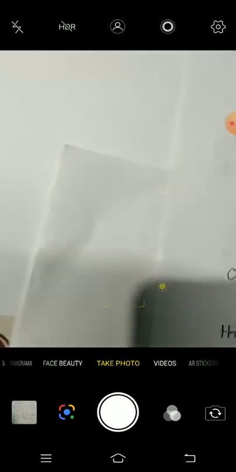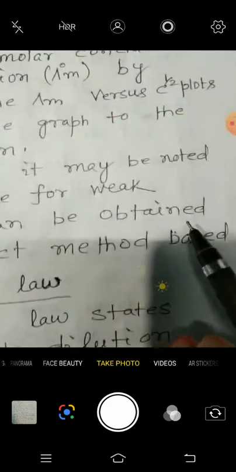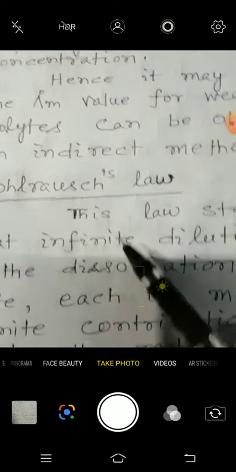That's why, hence it may be noted that the limiting molar conductivity value for a weak electrolyte can be obtained by an indirect method based on Kohlrausch's law. So, what is Kohlrausch's law? See here.